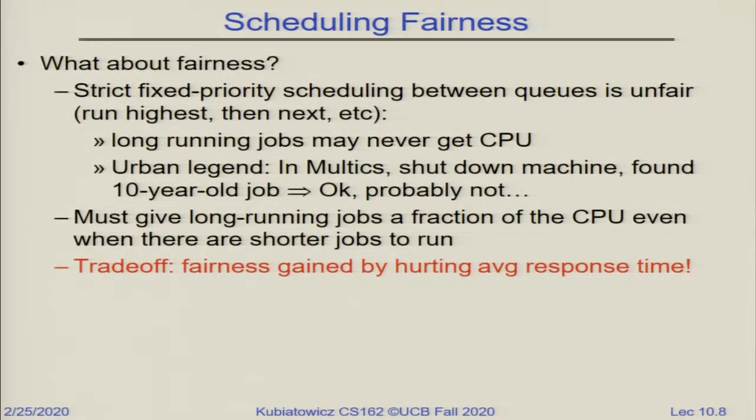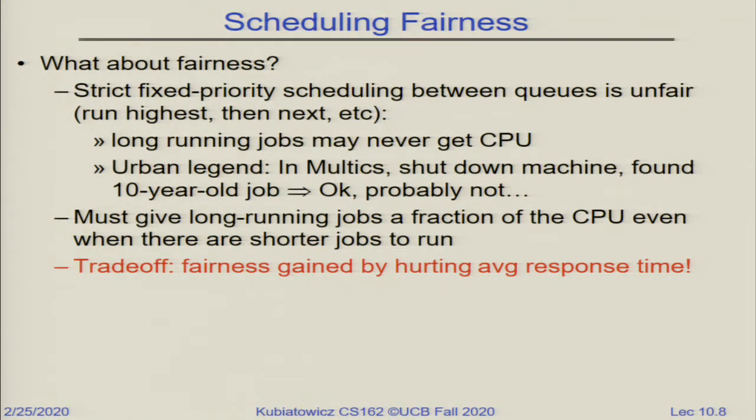But anyway, so a strict fixed priority scheduling between queues is unfair. Okay, why? Because the highest priority thing just plain gets the CPU, right? And as a result, long-running jobs may never get the CPU, and there's this urban legend about Multics. You've got to give long-running jobs a fraction of the CPU, even when there are shorter jobs to run.